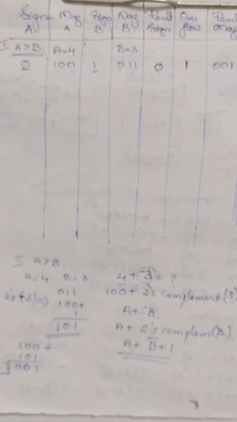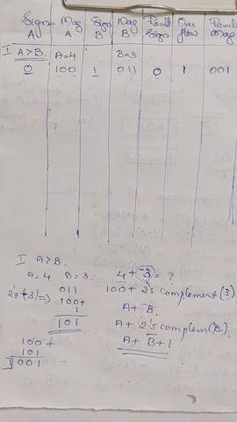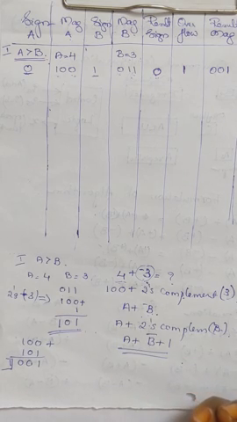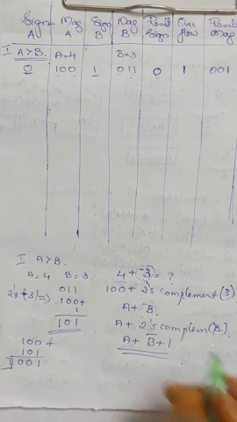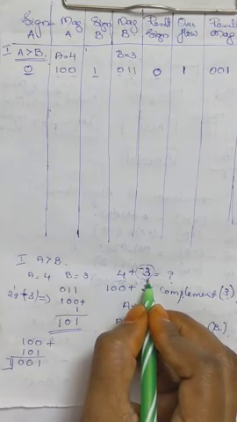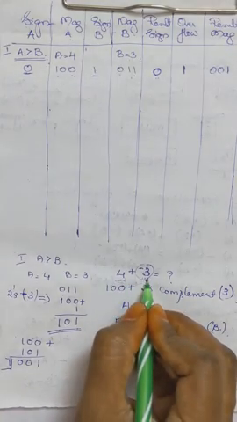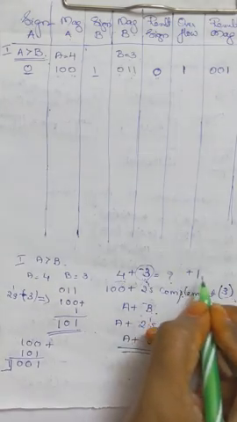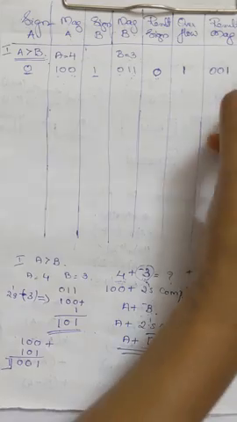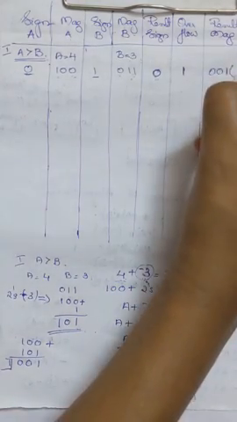Consider another example. But before going to another example, you can verify the result also. So what is 4 plus minus 3? While you are subtracting, you will be getting 4 minus 3 is 1, and it will be plus 1. So here also you got the value as 1.